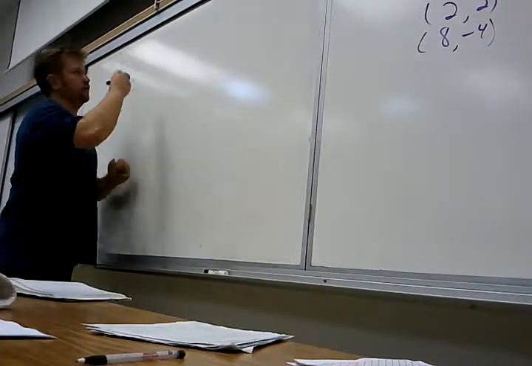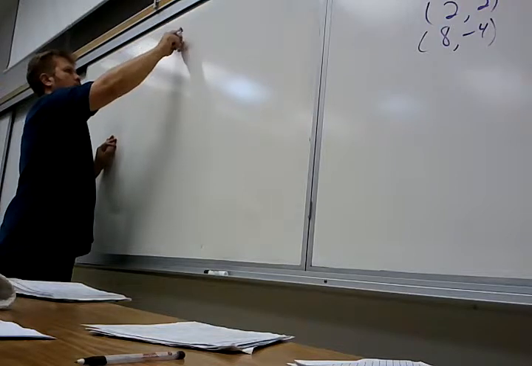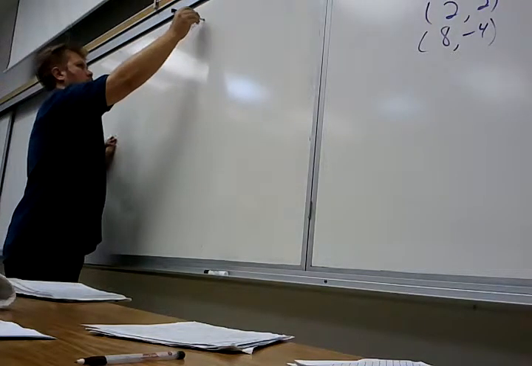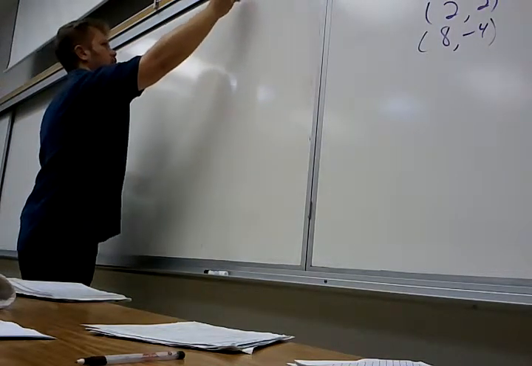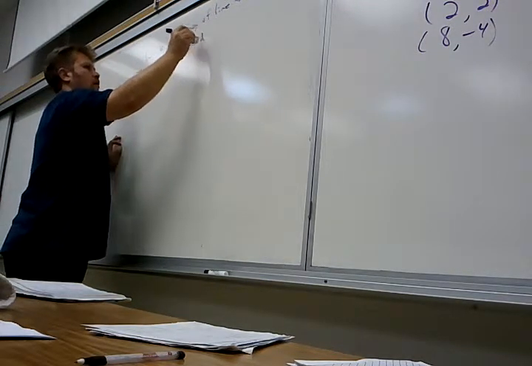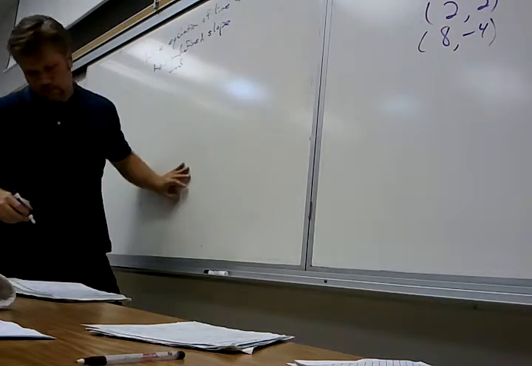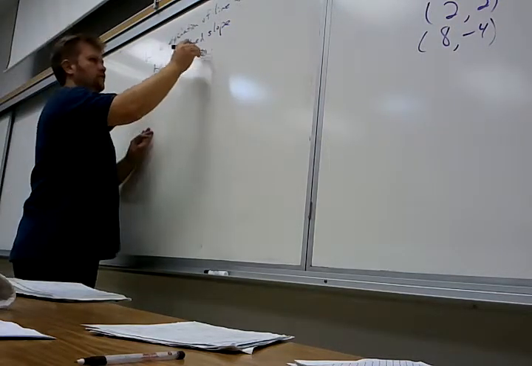And it says, write the equation of the line that has undefined slope and goes through 0, negative 2. It's supposed to be slope intercept. You don't have enough information.